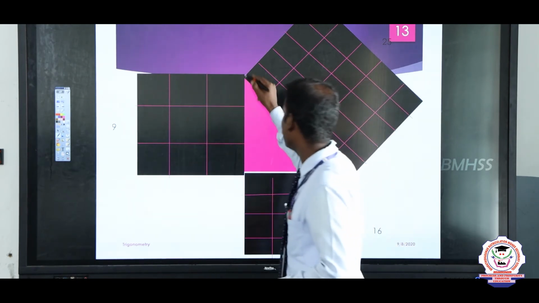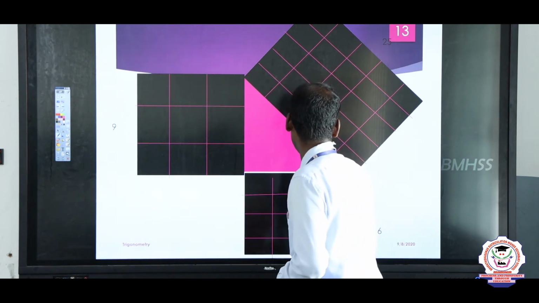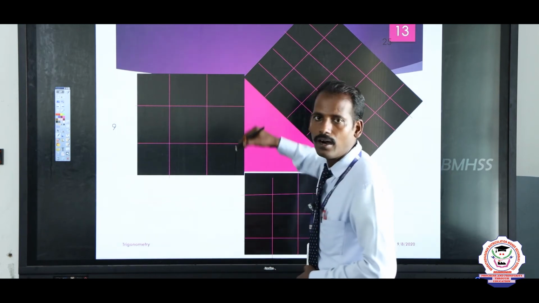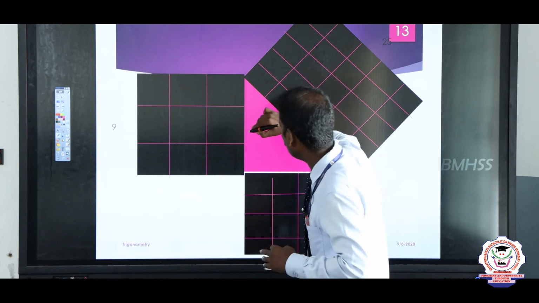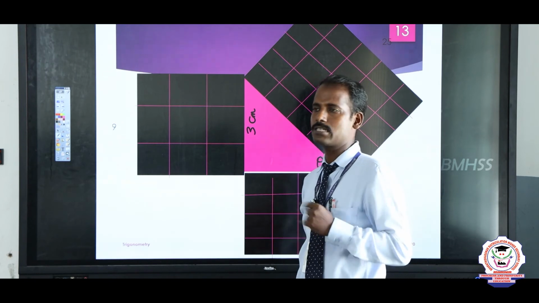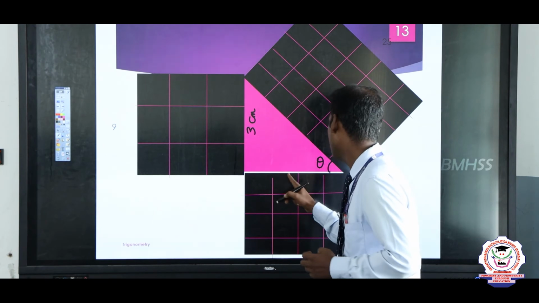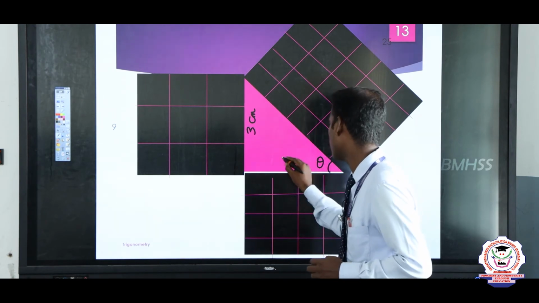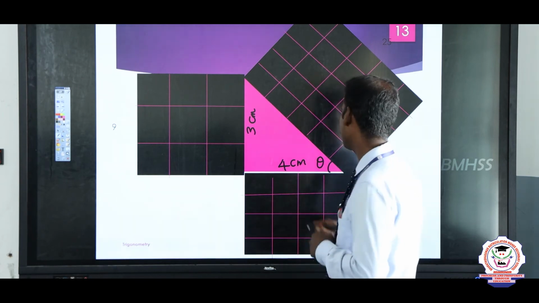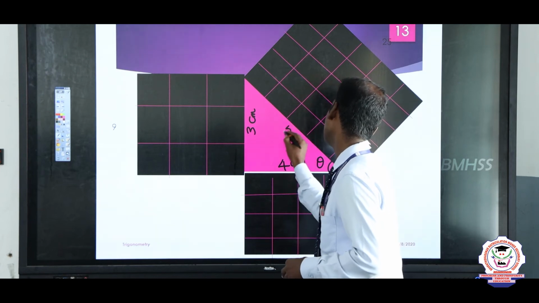What is the distance of the opposite side? Here there are 3 boxes, so 3 centimeters. The base has 1, 2, 3, 4 boxes, so 4 centimeters. And the hypotenuse is 1, 2, 3, 4, 5, so 5 centimeters.